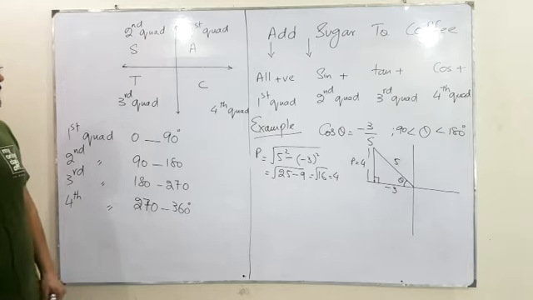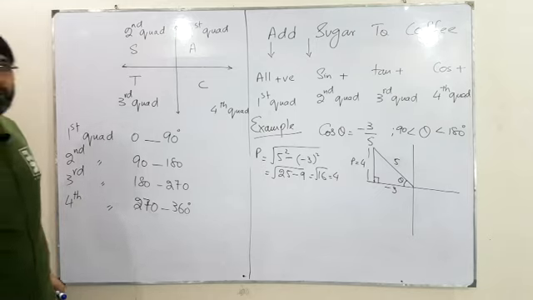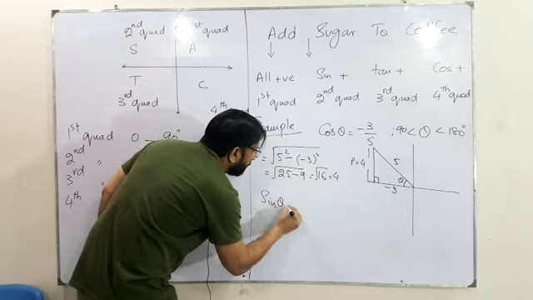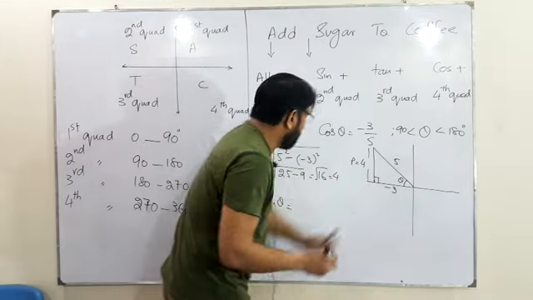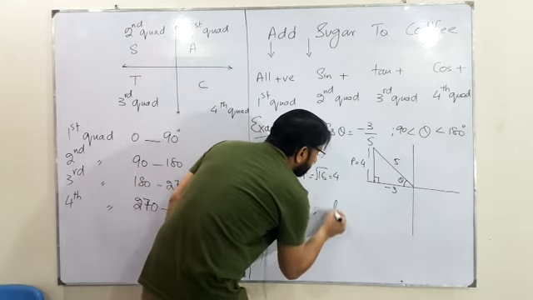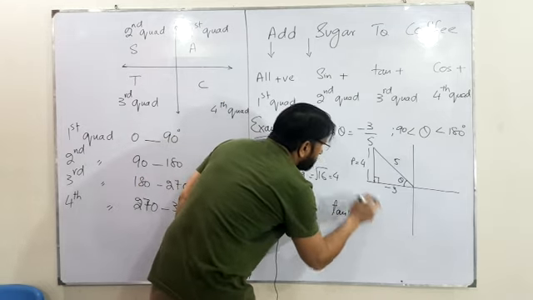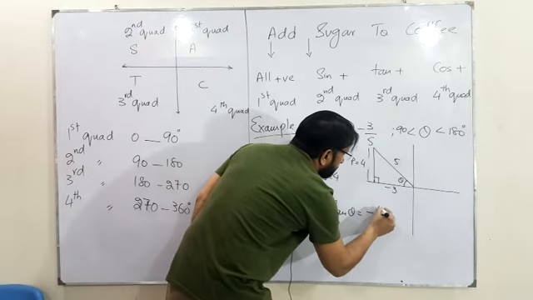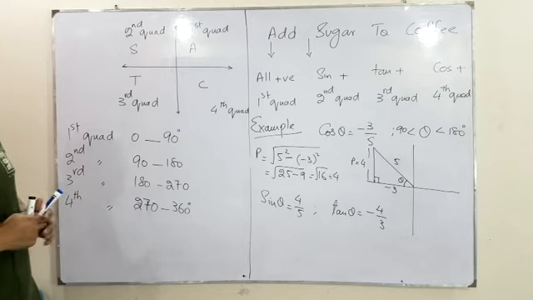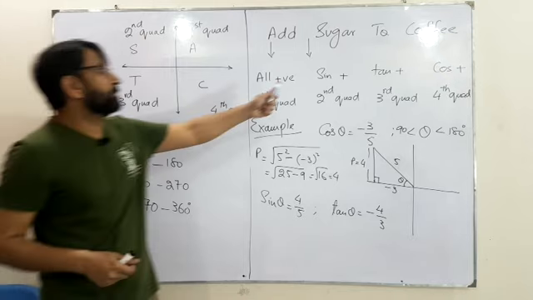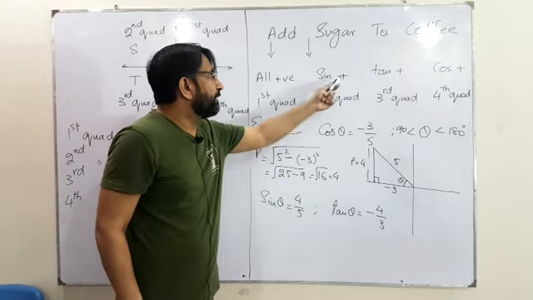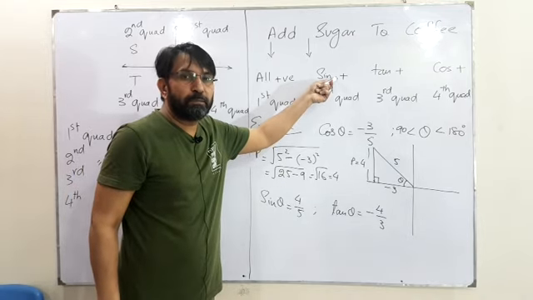So we can write down the exact value of the trigonometric ratios, like sine theta is opposite over hypotenuse. Tan theta is opposite over adjacent. So you see from here that, as we have decided here, this is the second quadrant, and in the second quadrant the value of sine is supposed to be positive only.